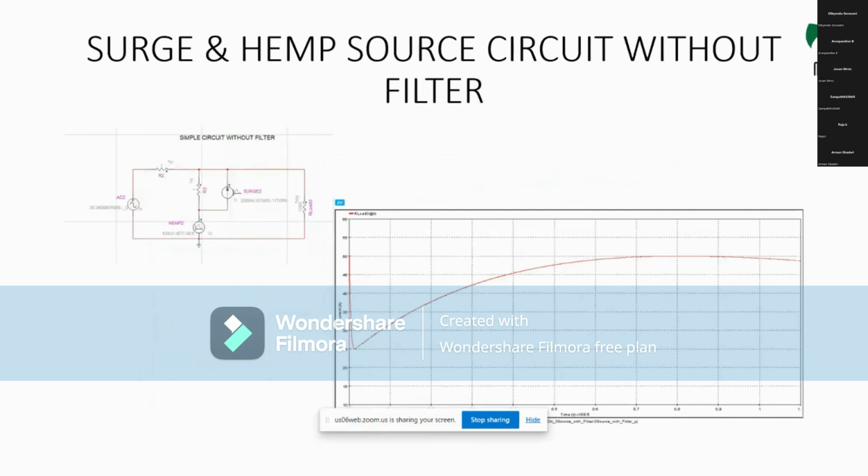If the circuit is not protected by a suitable filter, say for example this E1 E2 is there, we want to protect our system from this kind of E1 and E2, so our only option is filters. To protect from E1, you have to introduce a filter in the system.